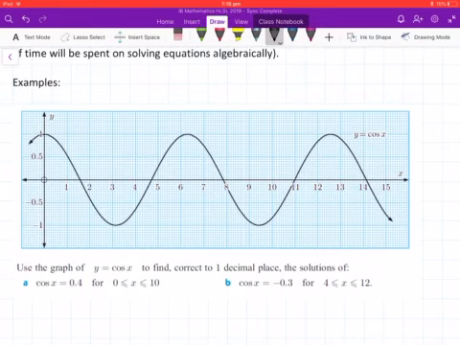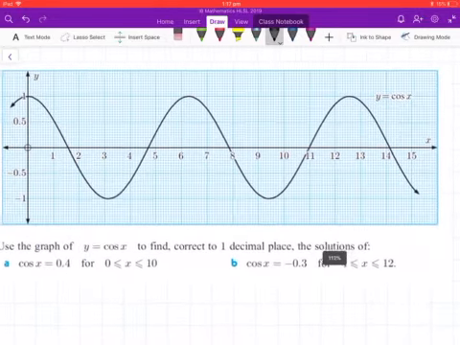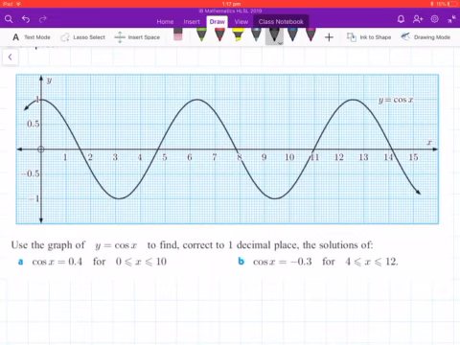Here we have just a simple y equals cosine of x. You notice that it's very nicely printed here. The x-axis, though, is in terms of 1, 2, 3, whole numbers or integers, not in terms of pi on 2 or anything like that. So we want to use the graph of y equals cosine x to find, correct to one decimal place, the solution of cos x equals 0.4.